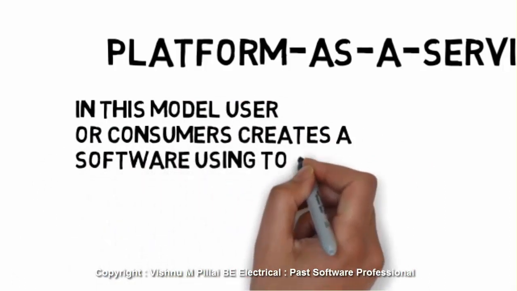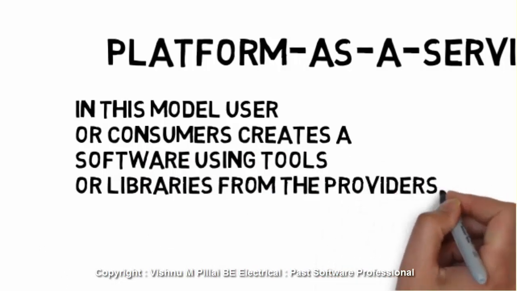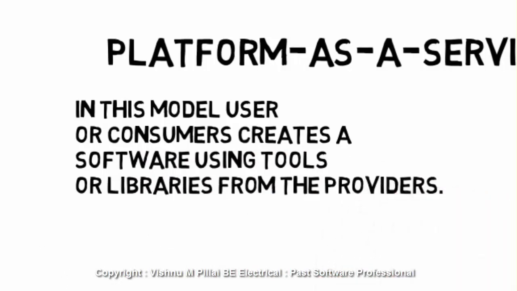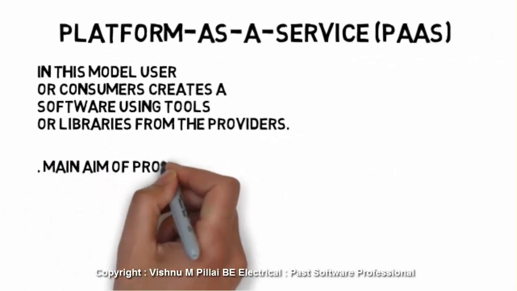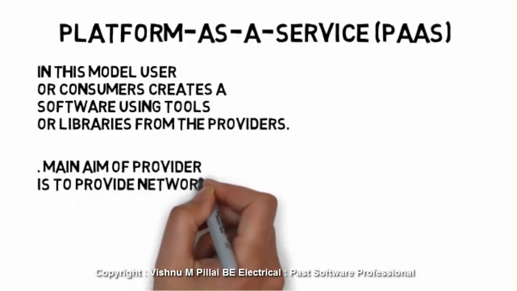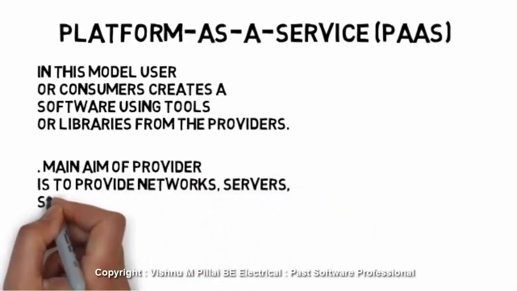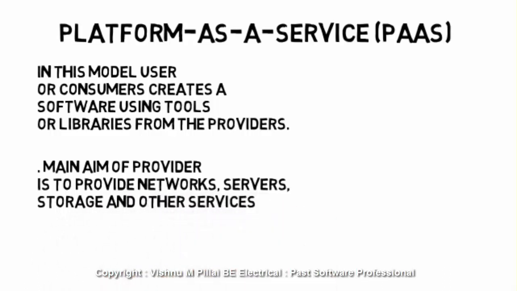The other model is platform as a service. In this model, the user or consumer creates a software. He can create a software using tools or libraries from the providers. The provider has certain software resources which are sold to the user, and he can create his own or tweak those softwares to create something new and deploy that in the cloud.